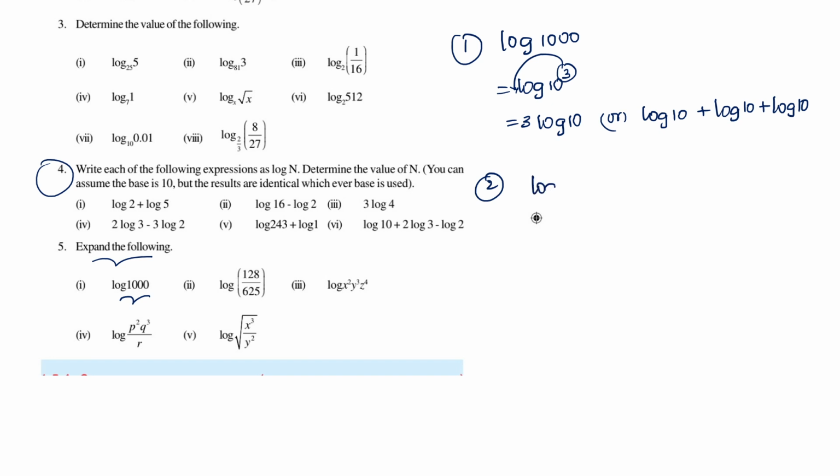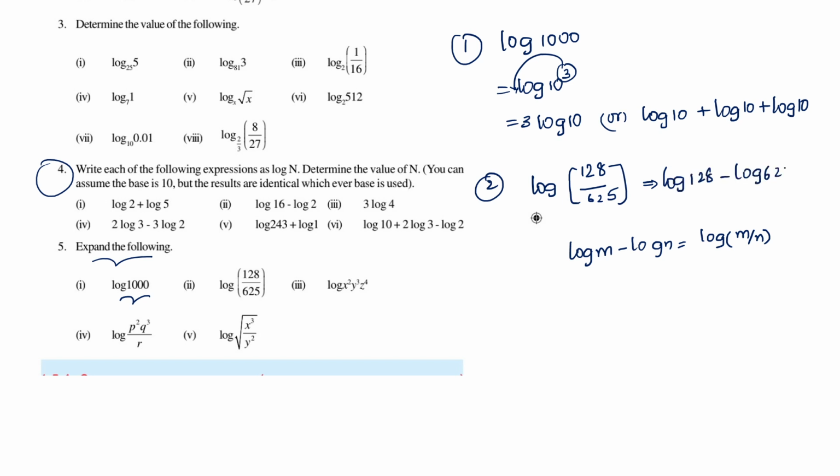Now log 128 by 625 is equal to, so we have to do it, and it is nothing but the reverse of the formula of log m minus log n. So it is given by log m by n. In the same way, log 128 by 625 is equal to log 128 minus log 625.